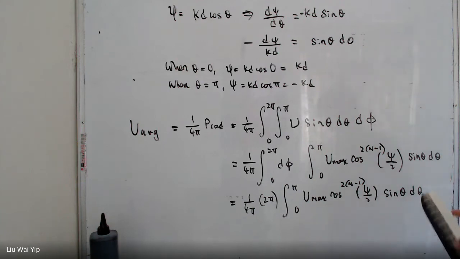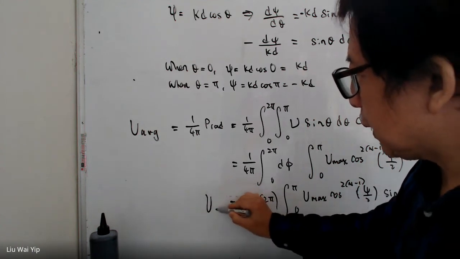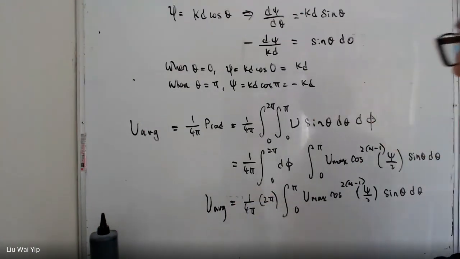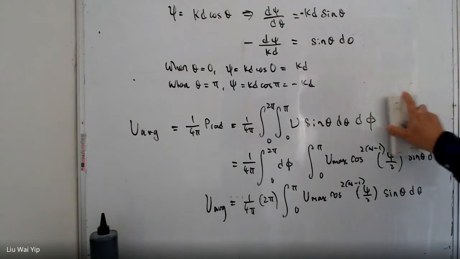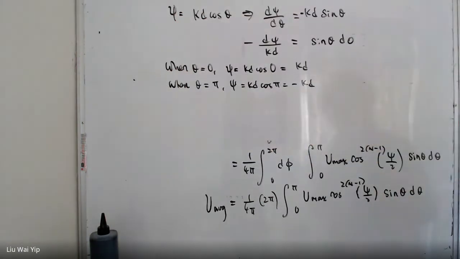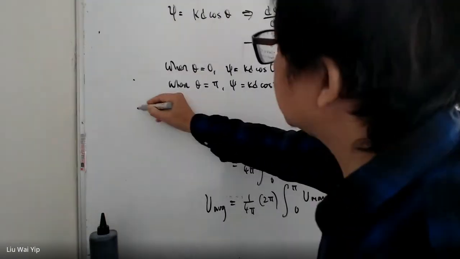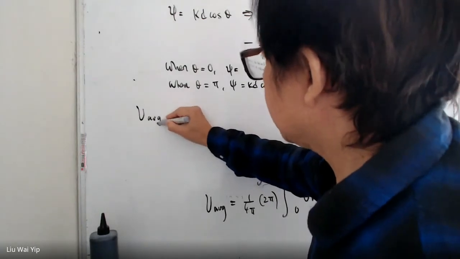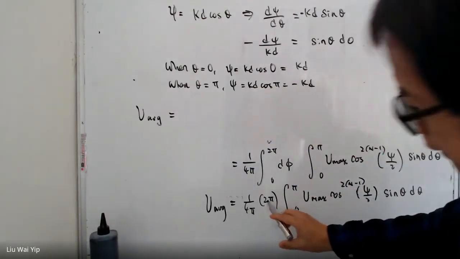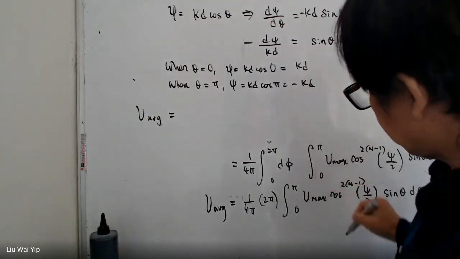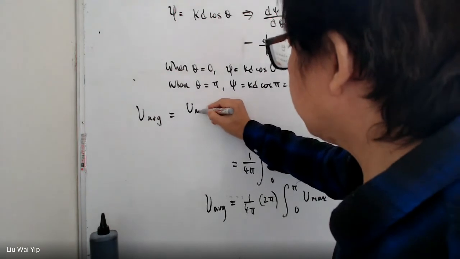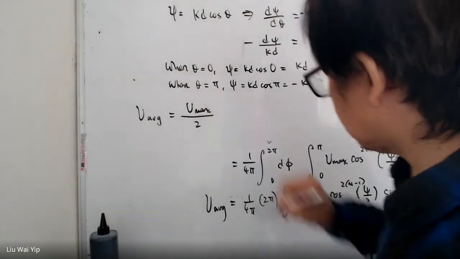We can rewrite this equation. Right now, we are dealing with U average. Now let's move on. U average is equal to this one here: 2 pi over 4 pi, and we end up with 1 over 2, so U max divided by 2.